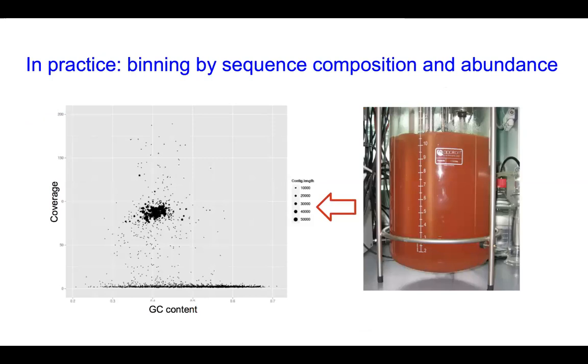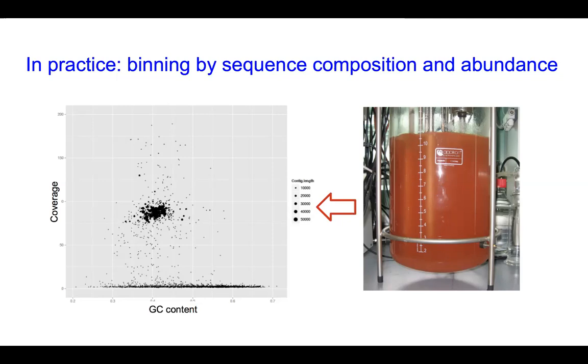In a nutshell, in practice, what this can look like is something like this. The reactor on the right-hand side here shows what is technically a metagenome. It's about 95% one organism, but this class of organisms, Anammox bacteria, cannot be grown in pure culture. So to obtain a genome of an Anammox bacteria, you always have to go through metagenome binning.